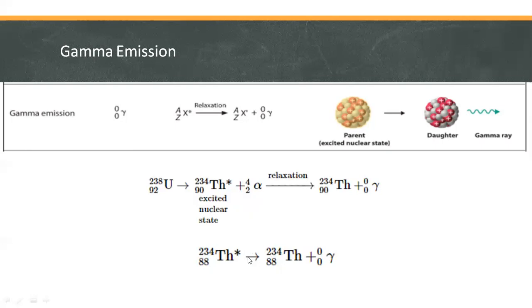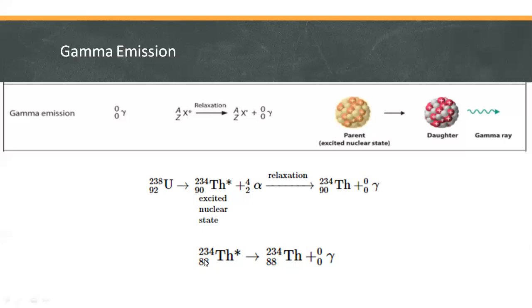Gamma emission can also occur after a significant delay. For example, technetium-99m has a half-life of about 6 hours before emitting a gamma ray to form technetium-99. Because gamma rays are energy, their emission does not affect either the mass number or the atomic number of the daughter nuclei.